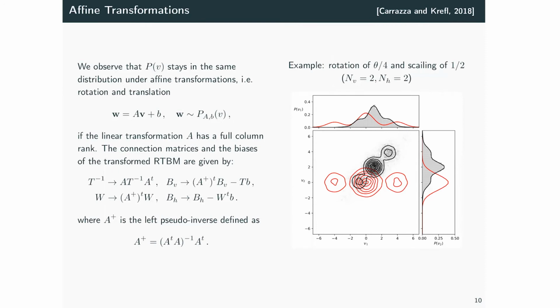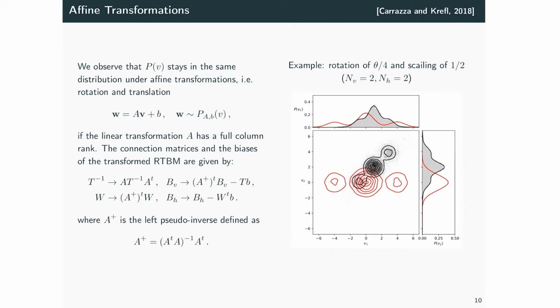So if we change from the space of the vector V to this new space, which is described by A times V plus B, where A is a matrix which is of full column rank, we find that the new probability of the vector W will have exactly the same form as the initial probability P(V), but the connection matrices and all the other values will just change according to this transformation here, where this particular matrix A plus is defined as the left pseudo inverse of matrix A.